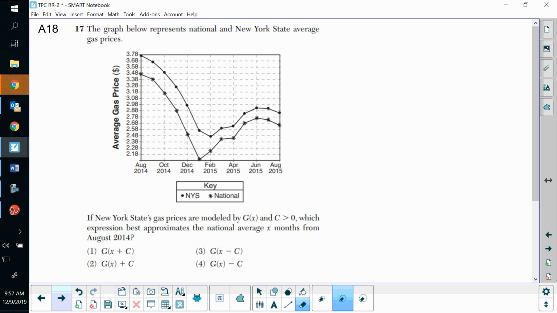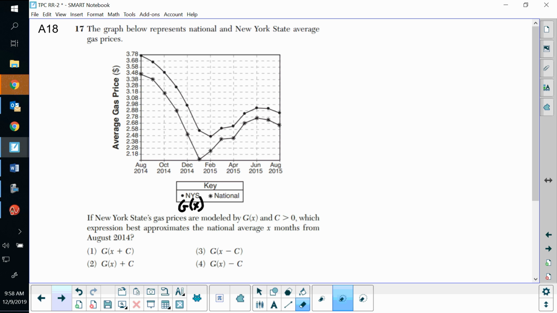All right, so we have two graphs here. New York State is the dots, the national amount is the stars, and they're showing gas prices over time. New York State's prices are modeled by G of X. So the dots are our G of X.